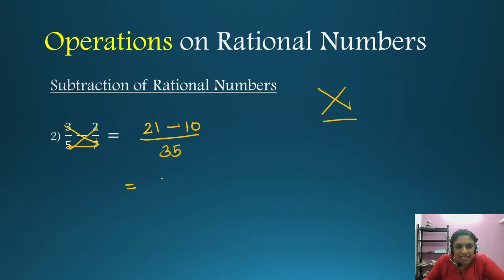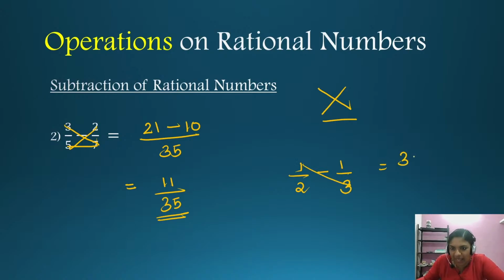So 21 minus 10, 11, and the denominator as such, 11 by 35. Did you understand? Let's see one more question. 1 by 2 minus 1 by 3. How will you do this? 1 into 3, 3, minus 1 into 2, 2, by 2 threes are 6. So the difference will be 1 by 6.